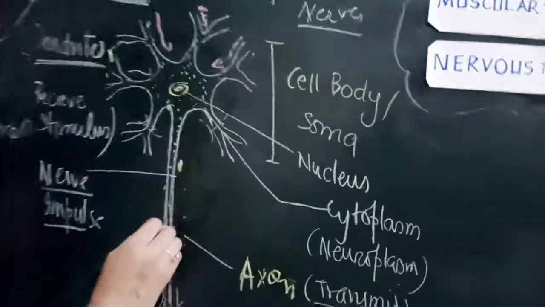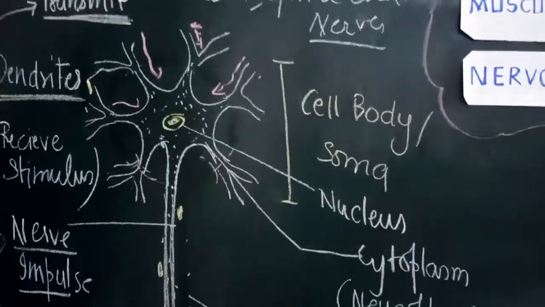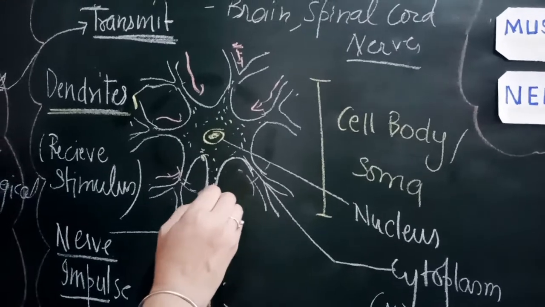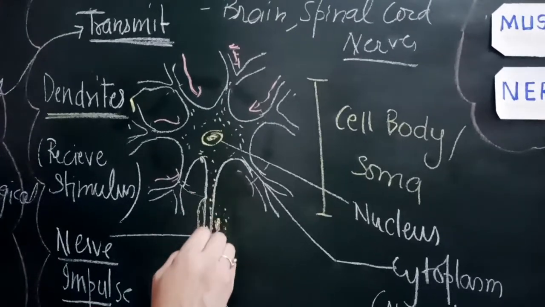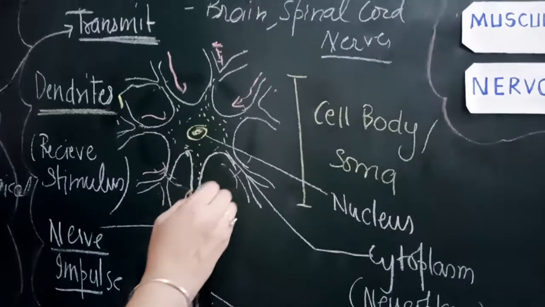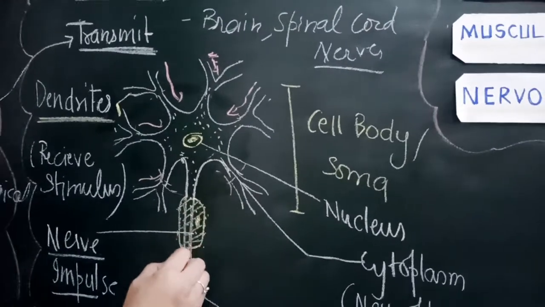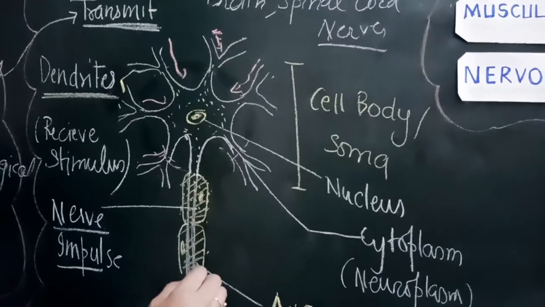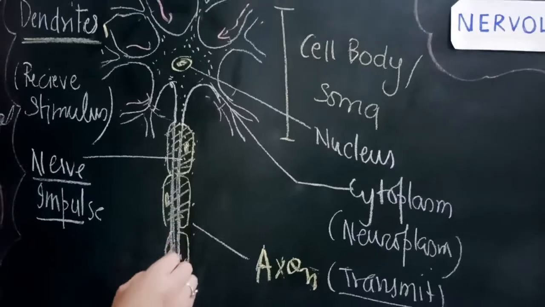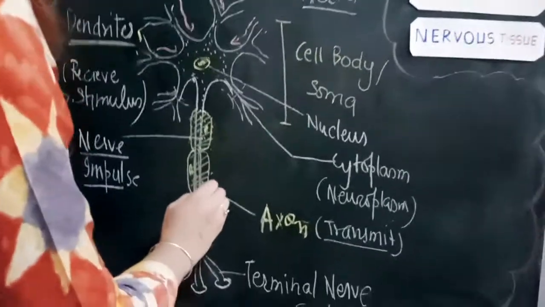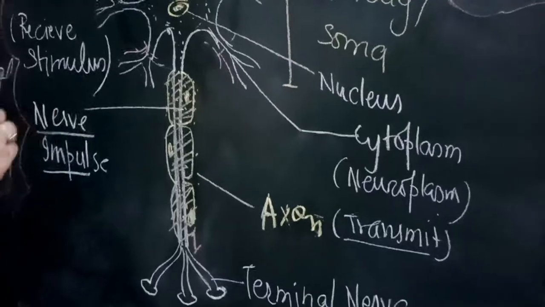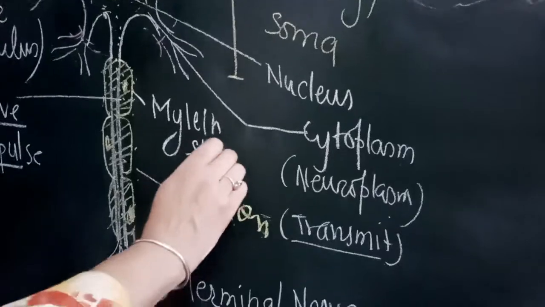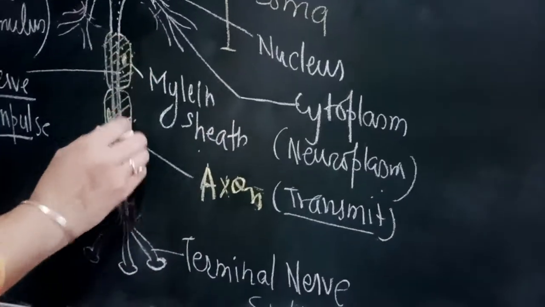A cell gets associated with the axon and starts secreting a fatty substance around itself, so that the axon at intervals is covered by this fatty tissue. So this fatty tissue forms a discontinuous sheath. That sheath is called the myelin sheath. So myelin sheath acts as an insulating sheath.